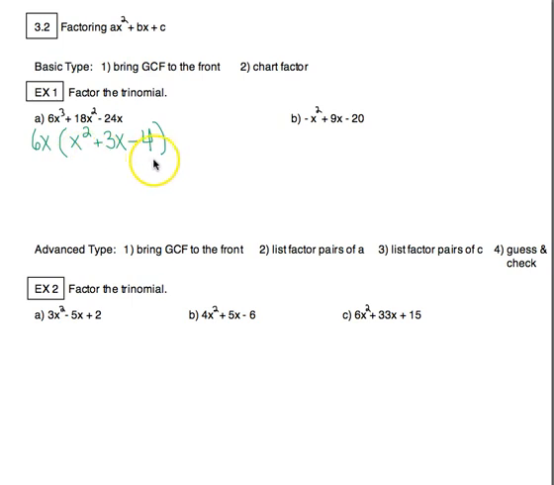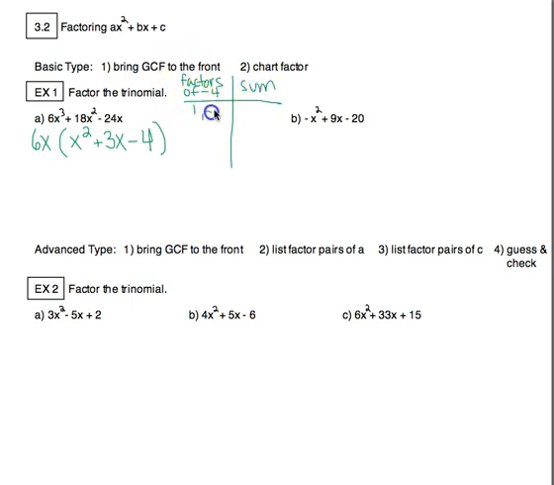Now I'm going to take what's left, this trinomial, and I'm going to chart factor it. So I look at my sign rule chart that I had in the last video, and I have a positive and a negative. So I'm listing the factors of negative 4. And I know that one is going to be plus and one is going to be minus.